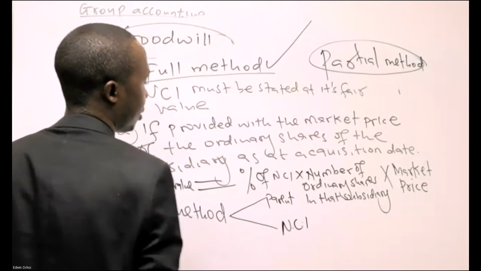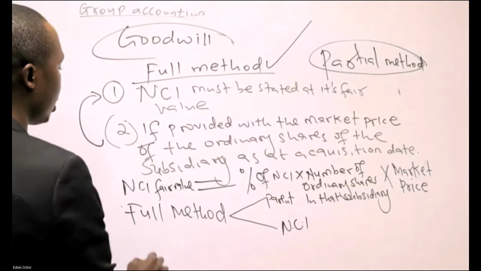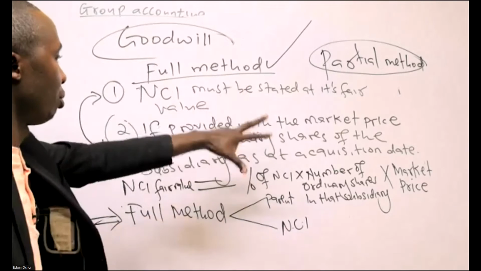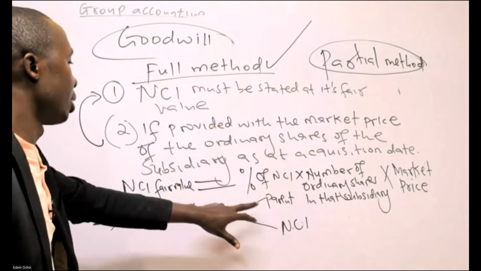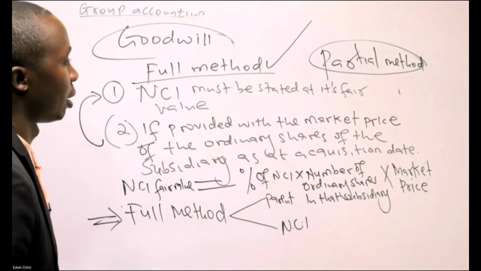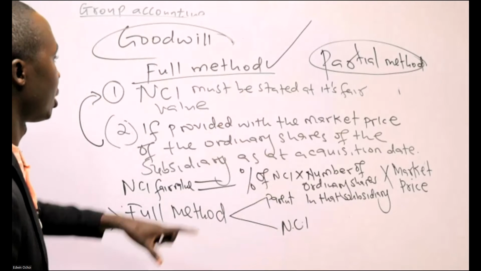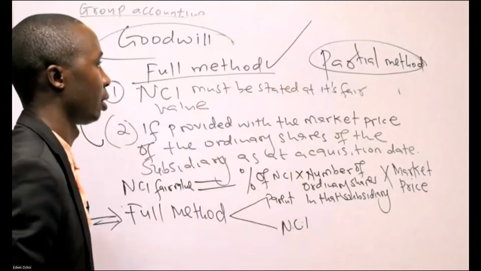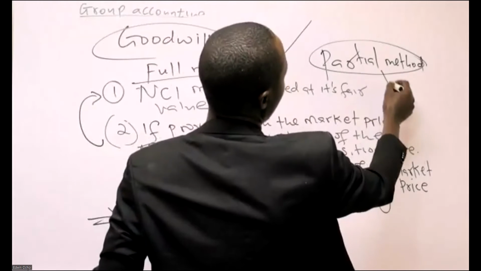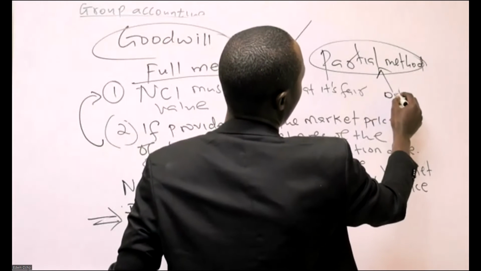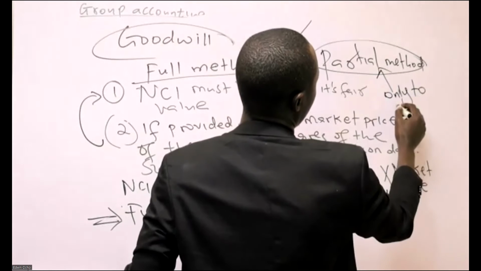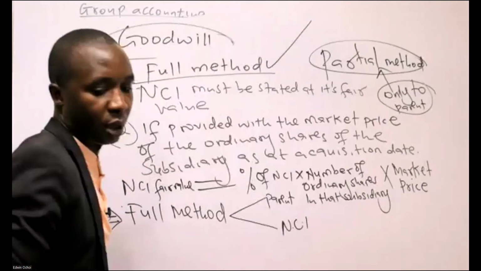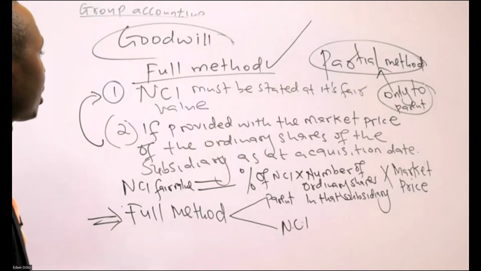But if this information is not present, you have to use the partial method. Under the partial method, the goodwill is attributable only to the parent company.